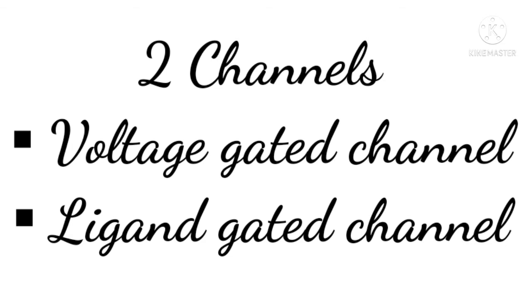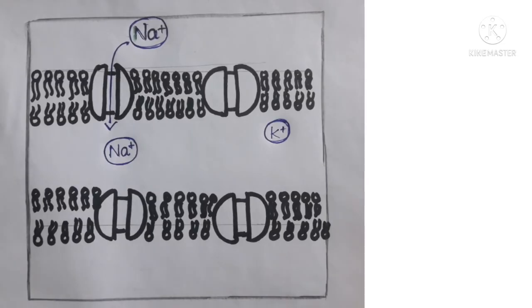There are two types of channels: voltage gated channels and ligand gated channels. The voltage gated channels open due to electrochemical gradient, and the ligand gated channels open by ACH, which is acetylcholine, by neurotransmitters.